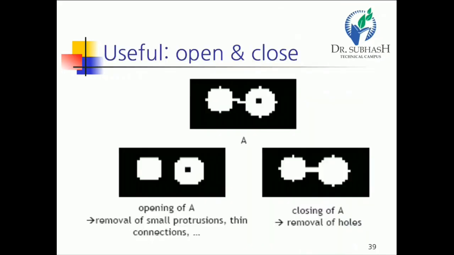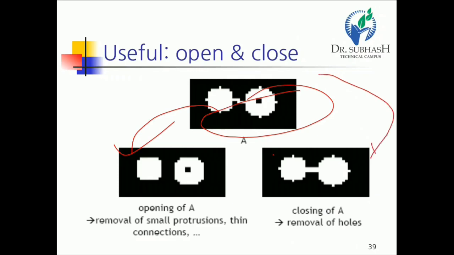So opening and closing are useful. This is the set A image. This is the result of opening of A. Opening of A means the removal of small protrusions and thin connectors. And this is the closing image, the closing of A, the removal of holes.